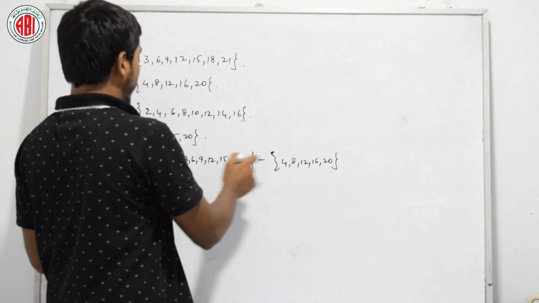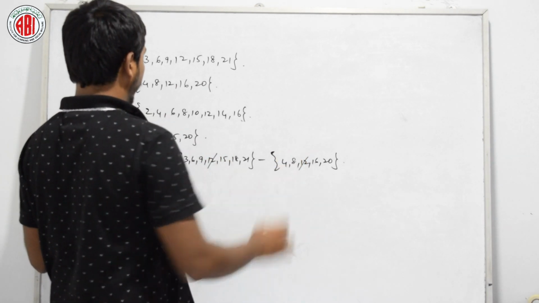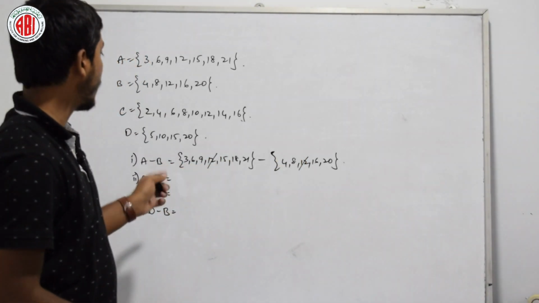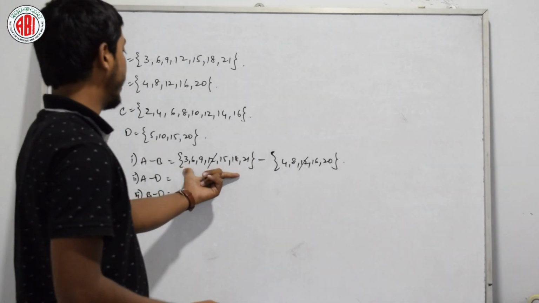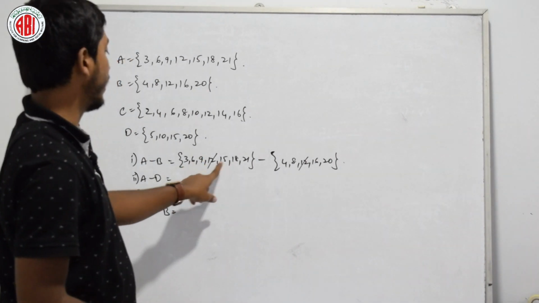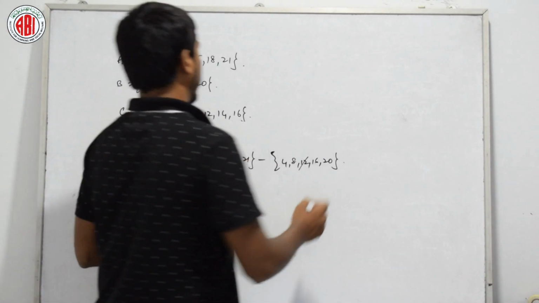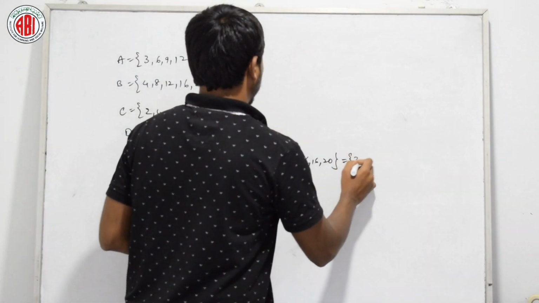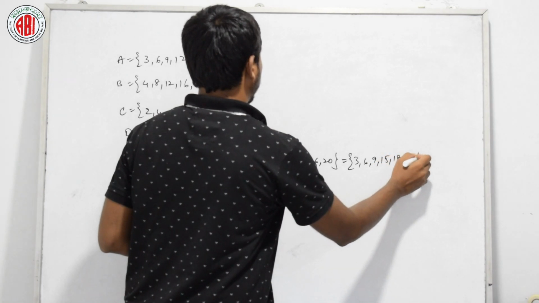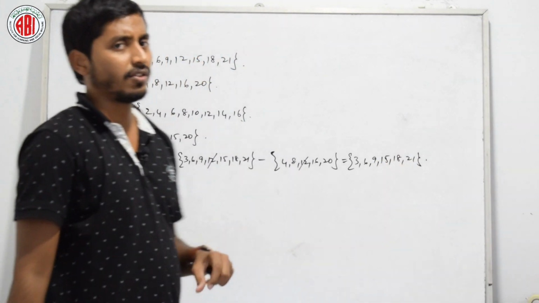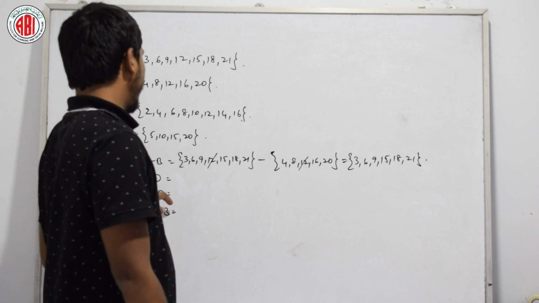What are the common numbers here? 12 is common. Is any other number common between both of them? No, there is no other number. Therefore we can write it as 3, 6, 9, 15, 18, 21. Is it okay? Similarly, what is A minus D?